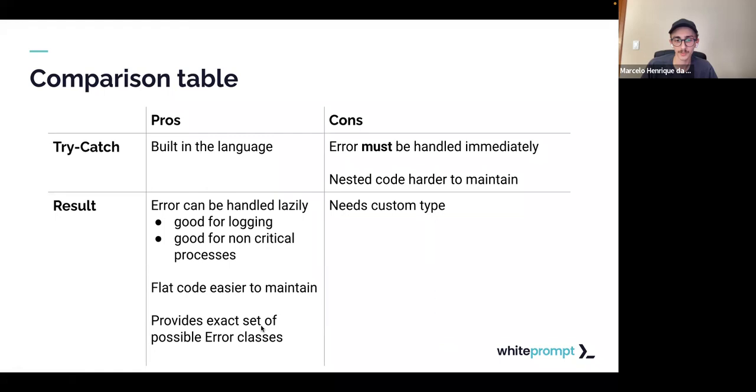And also this is a really interesting thing to me, which is providing the exact set of possibilities of error classes that you expose. So it just happens that you no longer forget to update the documentation, and you can't throw something that wasn't told.